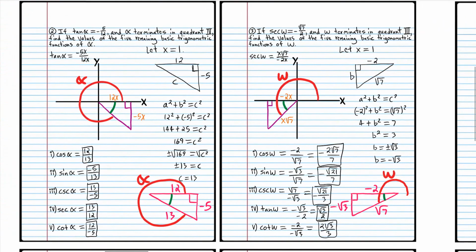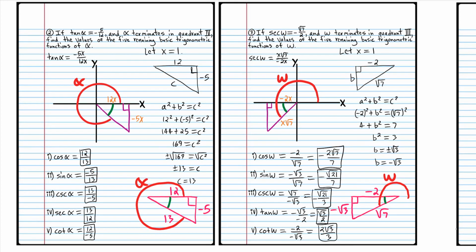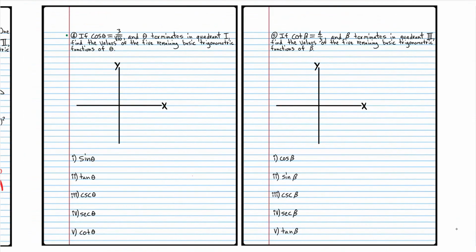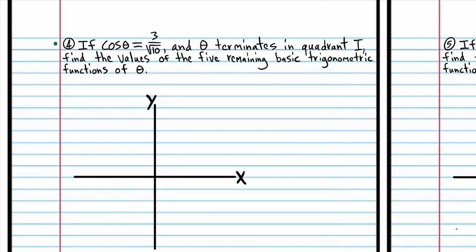So I want you to take a picture of these problems, and you're going to use them to do number 4. Be aware that theta terminates in quadrant 1, so your reference angle is going to be the actual angle.